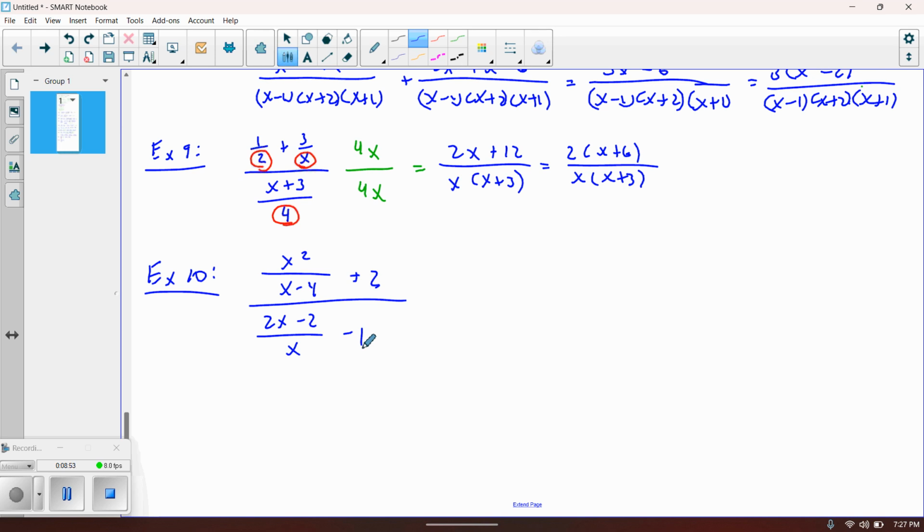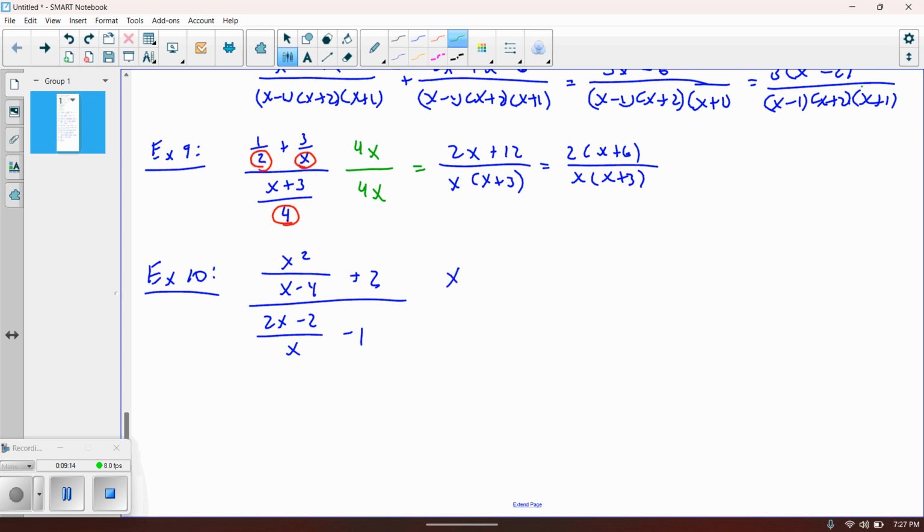Same principle. In this case, technically that plus 2 and the minus 1 are not fractions, although you can write them both over 1 so that it creates fractions, but you don't have to worry about that. We're looking for the common denominator of the little fractions, which is going to be an x minus 4 times an x. So we're going to multiply the top and the bottom by x times x minus 4.